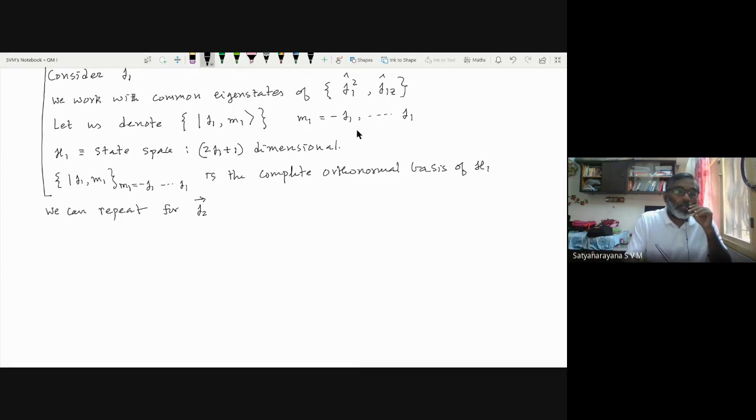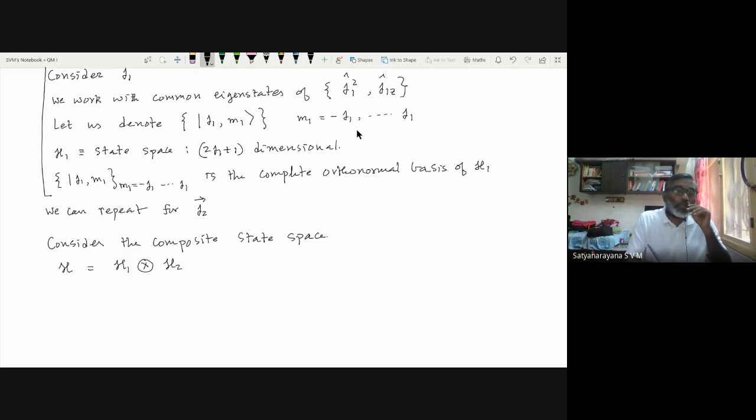Now consider the composite system, the composite state space, which I will call H, which is H1 product H2.